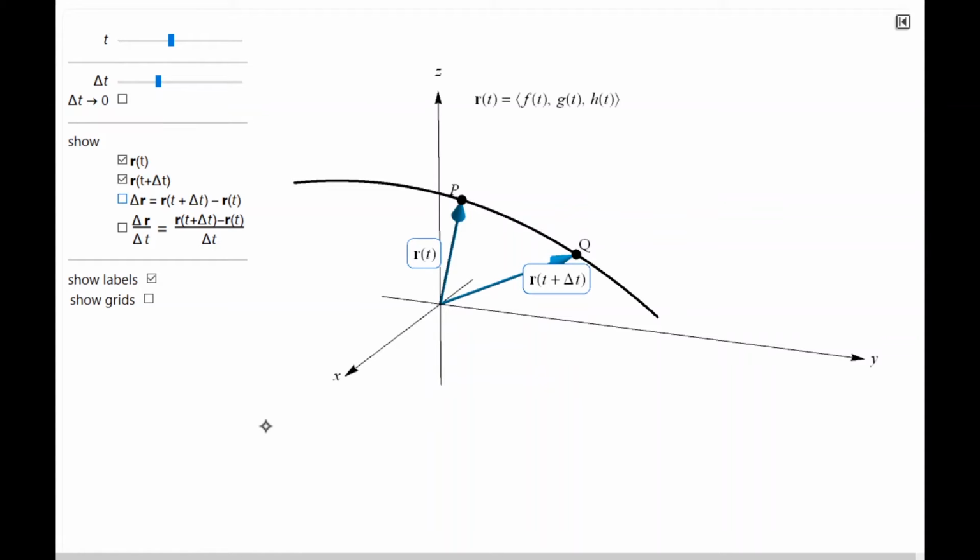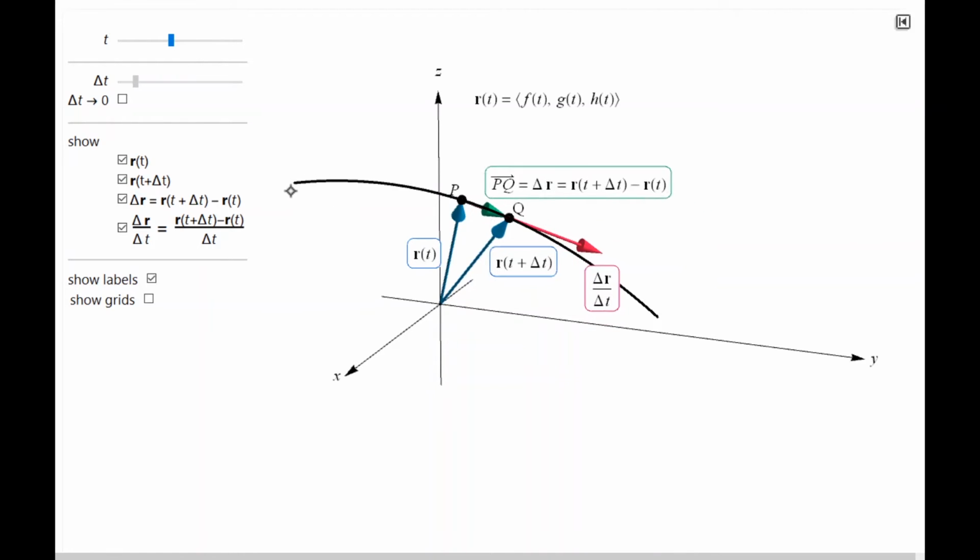And the difference between these two is this vector pq, that's the delta r. Now, what's going to happen when we divide delta r by delta t? We get that red vector, the vector delta r over delta t.